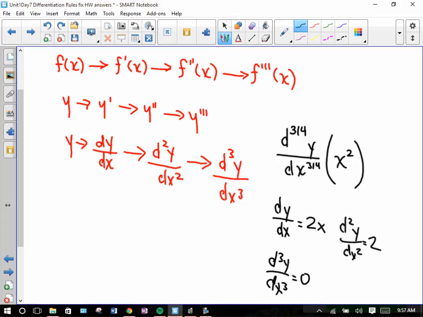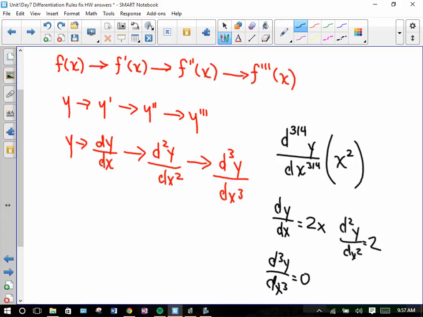The derivative of 0 is 0, and just keep going. The first derivative is 2x: because it's multiplied by the power 2, that's 2, and then the power 2 minus 1 is 1. Then the second derivative is 2 times 1. So when you have that high of a derivative, all you have to see is that after the second derivative, the derivative of x squared is 0.